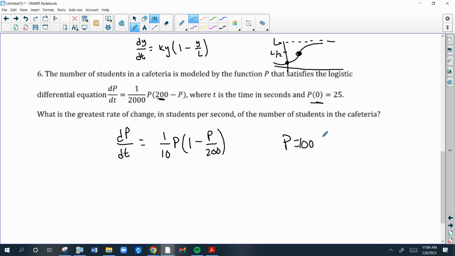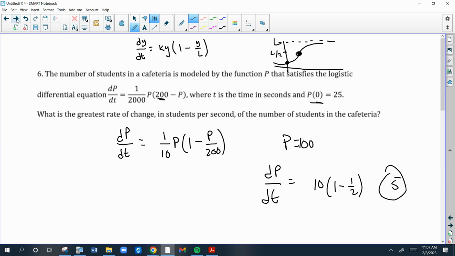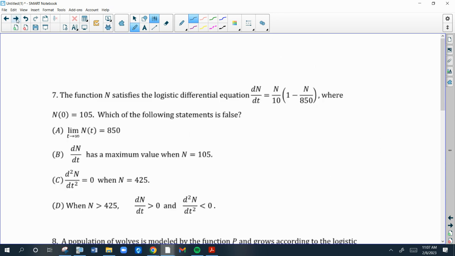But it's actually asking for what is the greatest rate of change, so you're just going to plug in 100 for P. So that would be 100 divided by 10, which is 10, times 1 minus 1 half. So it's just 10 times 1 half, which is 5. I did that a little bit differently than the answer sheet.